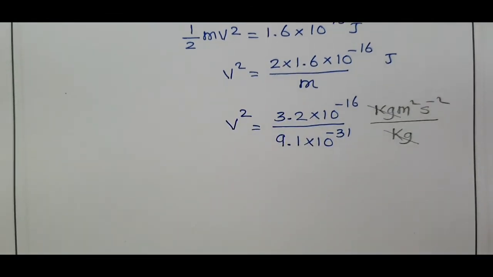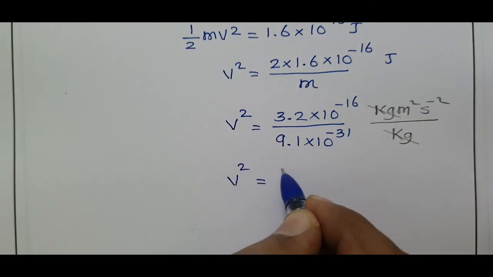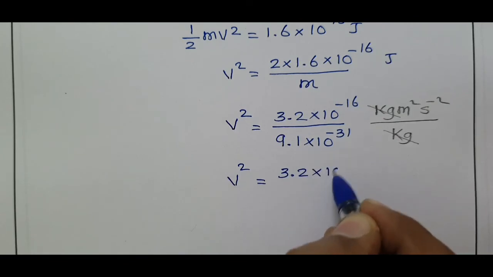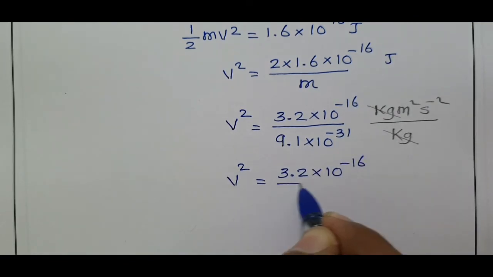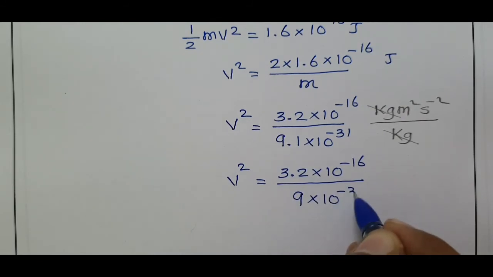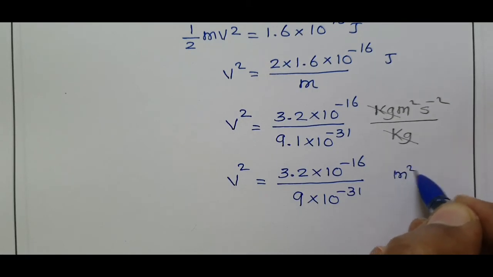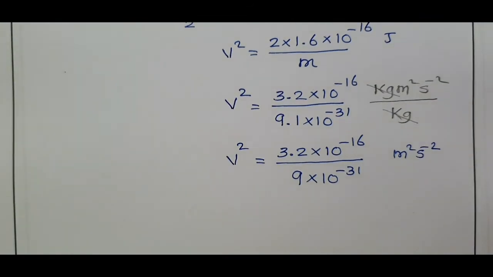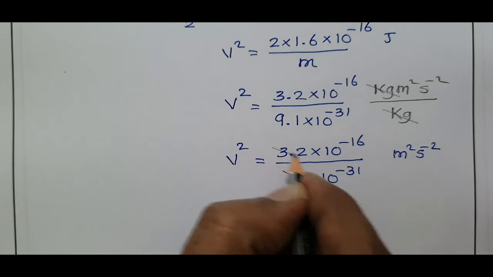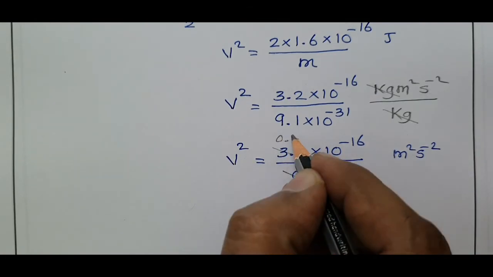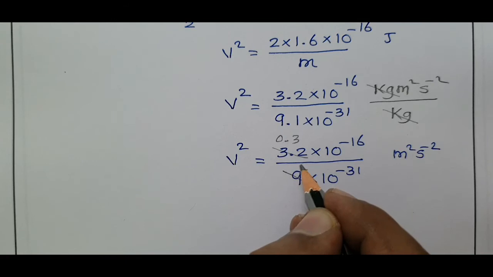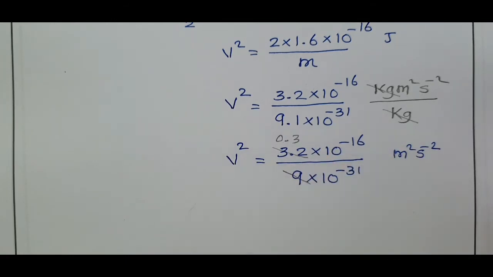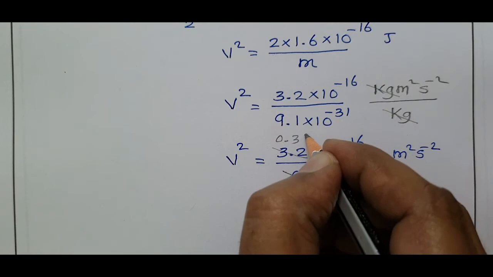Now I convert this into a simple value for easy calculation. V squared equals 3.2 into 10 power minus 16 divided by 9.1, approximately 9, into 10 power minus 31. Unit is meter squared second power minus 2. Now we can easily cancel this. 1 9 is 9. 0.3, 9 3s are 27. Remaining 5, 52. 5 9s are 45.